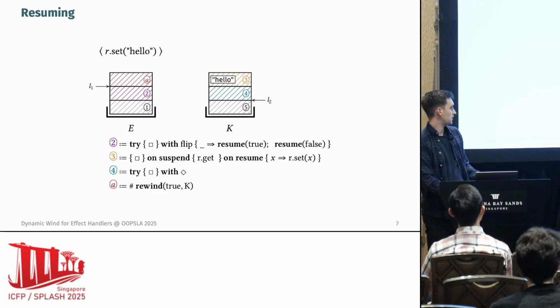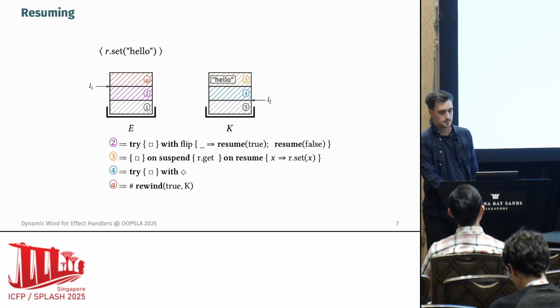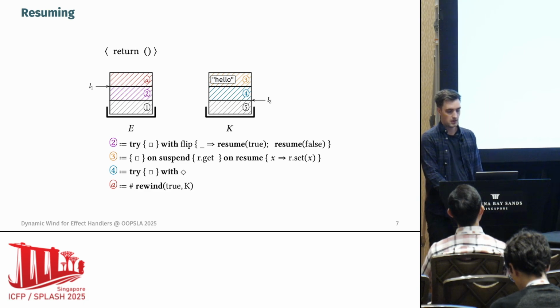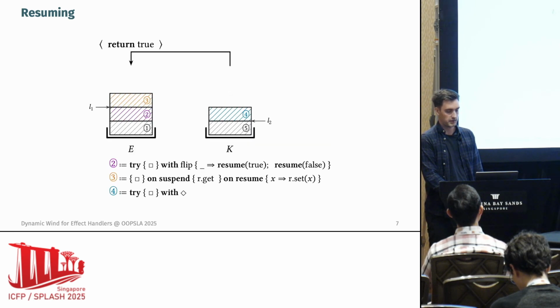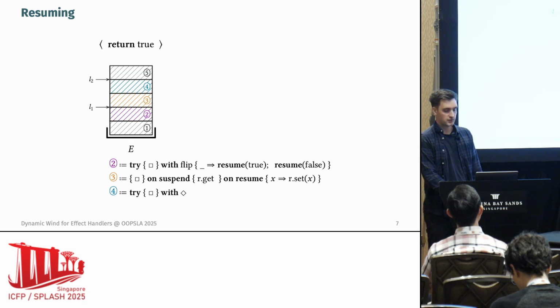We are pushing a new frame called rewind, and that also serves as a reminder to later continue this resumption process. And yeah, we are going to return just the unit value here, and then we see again the rewind frame, and notice we need to continue this resumption process. And then we can just continue doing so, pushing the frames back on the stack. And then eventually we will be back at the point where we started, and the program can resume.